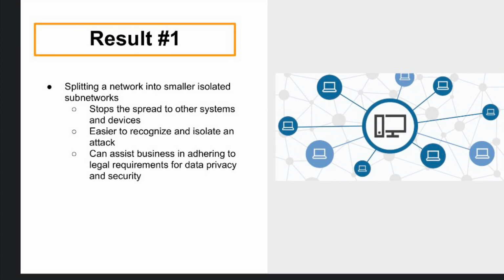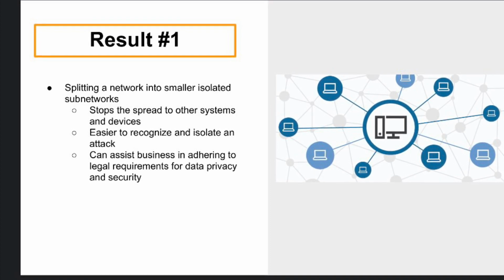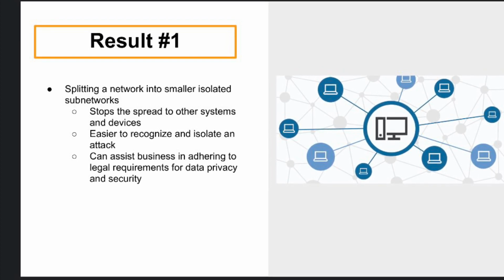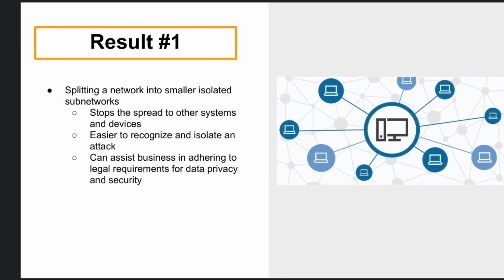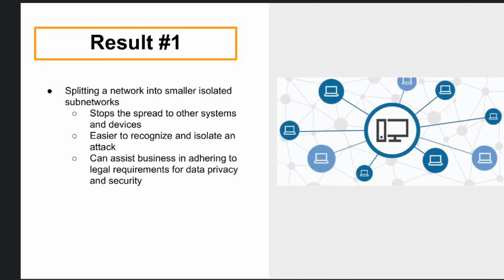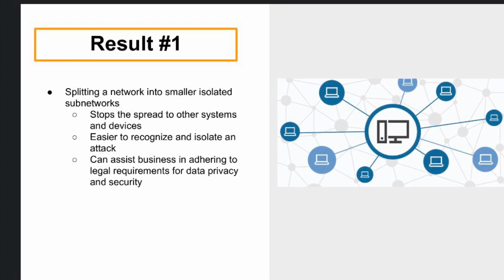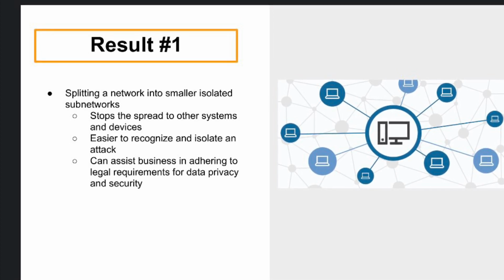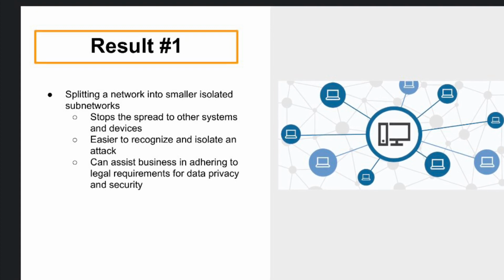So basically, the idea is that you separate the whole network into smaller networks, and they each have their own firewall. So in the case of attack, if someone were to get into one network, it would stop it, and we would be able to focus on the attacker that is in that network and not have to worry as much about protecting the other networks.